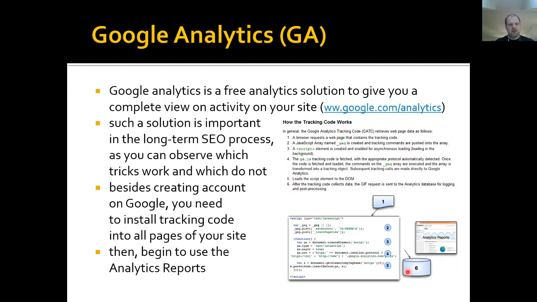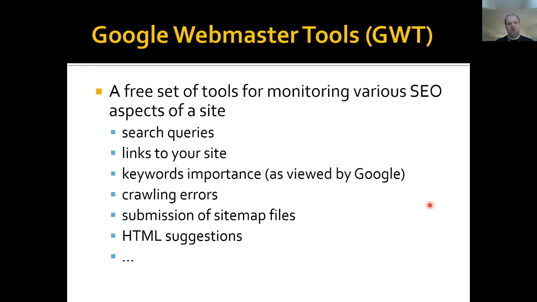Good services for analysis of web pages are Google Analytics. A piece of code is put in your web page, and then you can see analytics of the traffic on your web page. So it's good to see the life of the web page in terms of accesses to it. And Google Webmaster Tools serve a similar purpose.